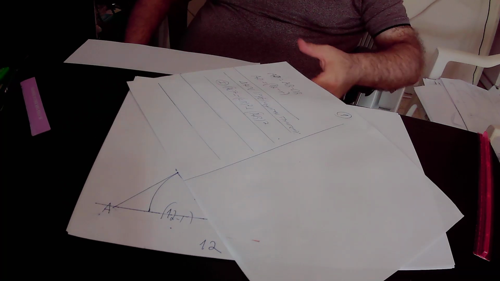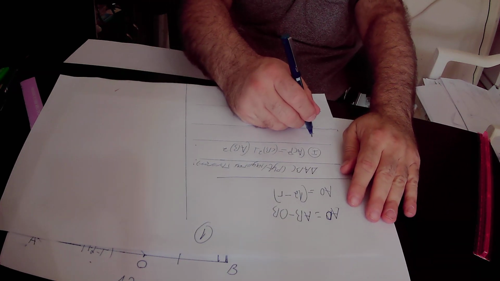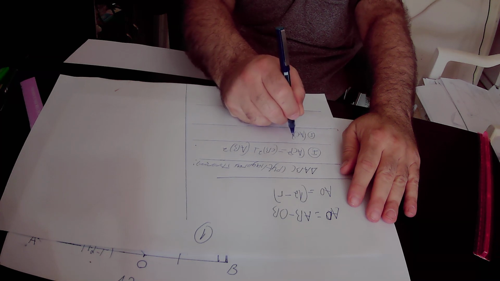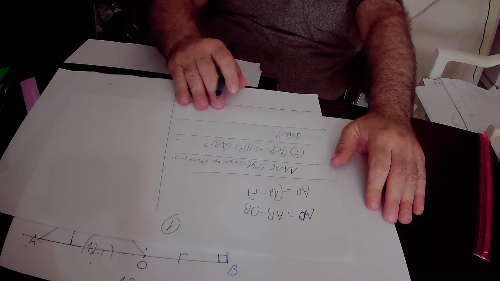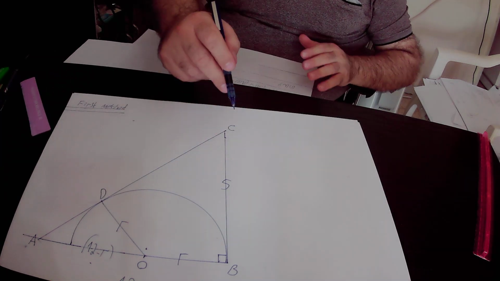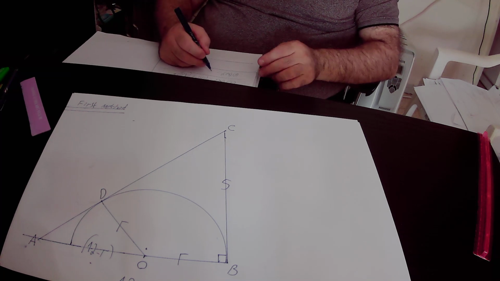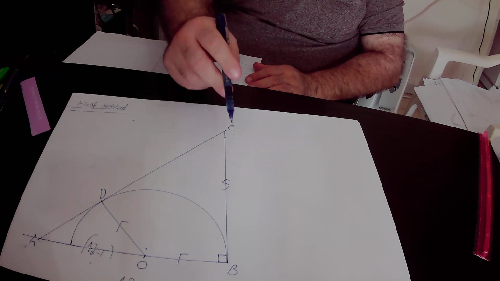So actually AC squared equals CB squared. We know that CB equals 5 units, so CB squared is 5 squared, and 5 squared is 25, plus AB squared.